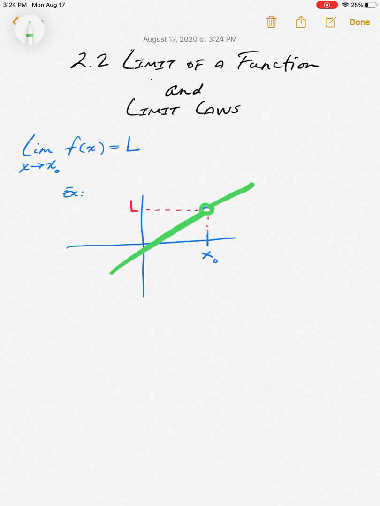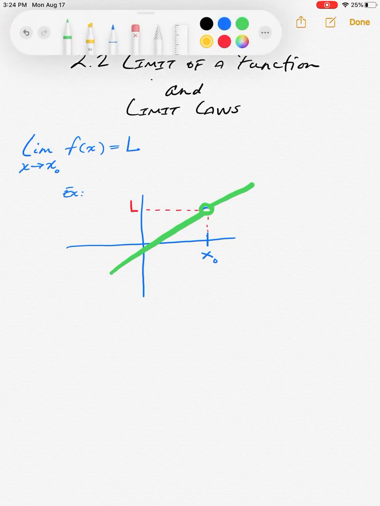All right, so now when we're trying to find out what the limit is, this says as x approaches x naught. So we're looking at the values as x approaches x naught for your graph. The limit itself, if it exists, will be coming from the y-axis. It will be a y value.